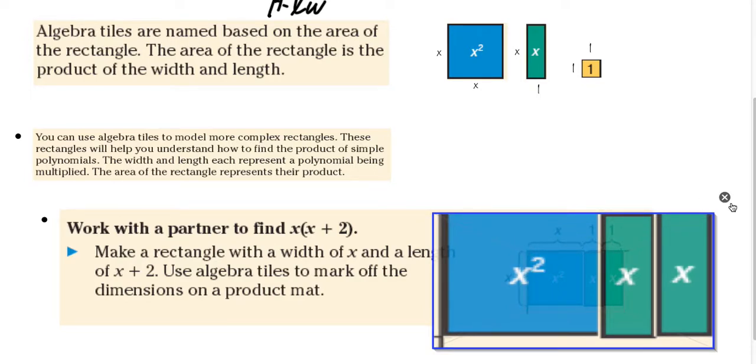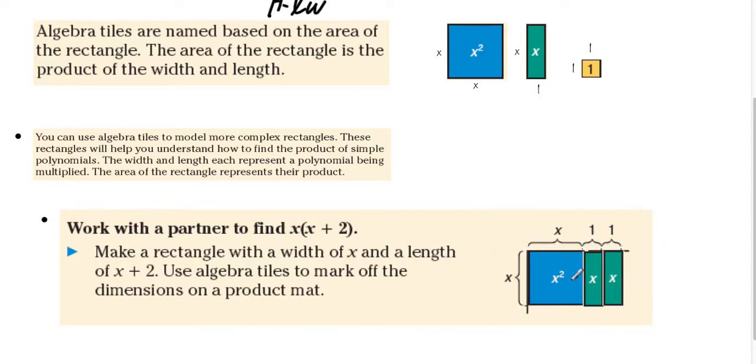If you look at the rectangle, what is its area? There's one x squared tile and there are two x tiles.